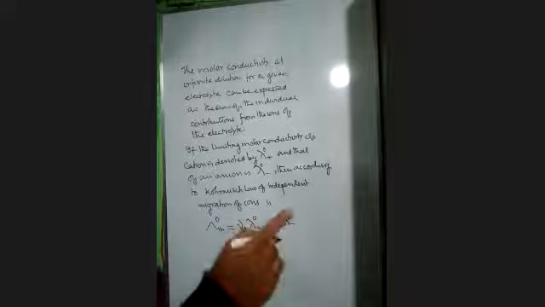What are nu plus and nu minus? They are nothing but the number of cations and anions per formula unit of the electrolyte.